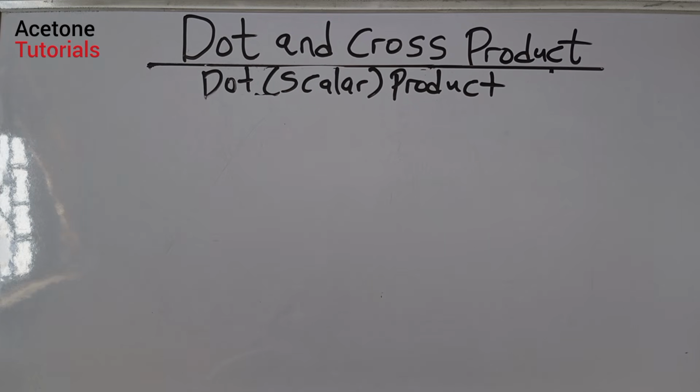Now, the dot product in component form. If we know the components of the vectors, we can also find the dot product.